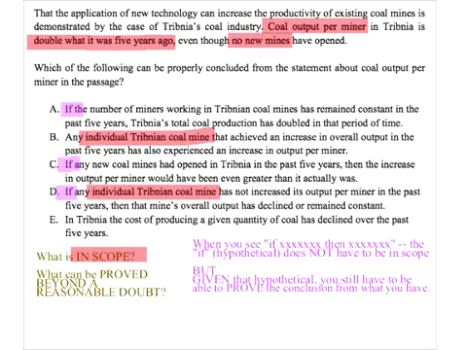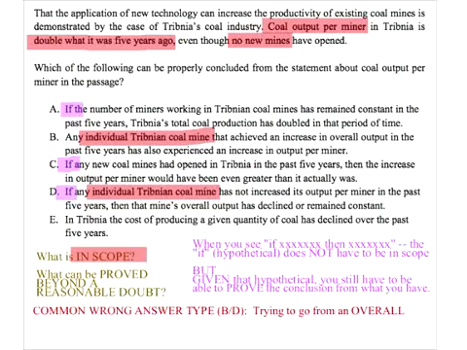One very common wrong answer type, which we see in B and D, but also in lots of different problems, is trying to go from an overall observation to an individual component observation, or vice versa.